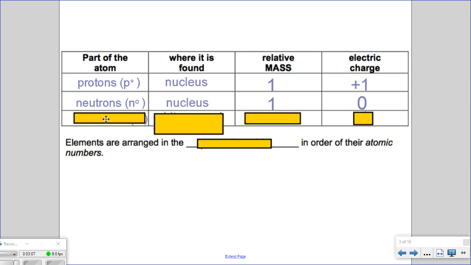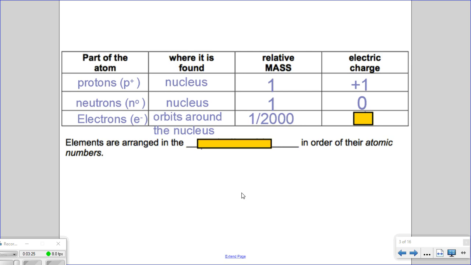And then the last parts are electrons, which are abbreviated with e and a superscript negative sign. They are found in orbits around the nucleus. The relative mass of an electron is 1/2000.